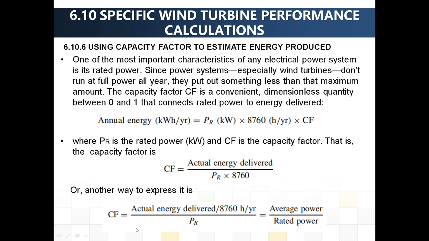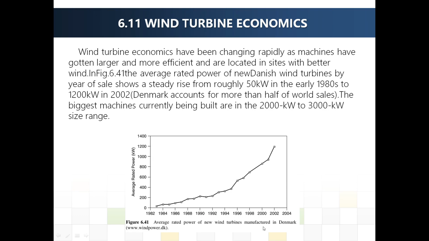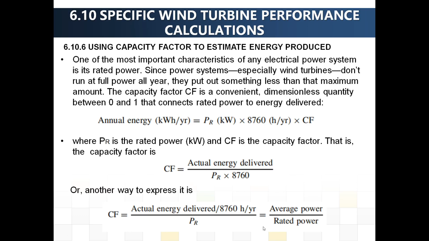Another way to express it is that since the annual energy delivered divided by 8760 is equal to the average power, the capacity factor is also equal to the average power divided by the rated power. Now we complete section 6.10.